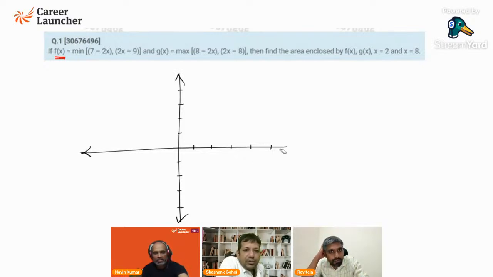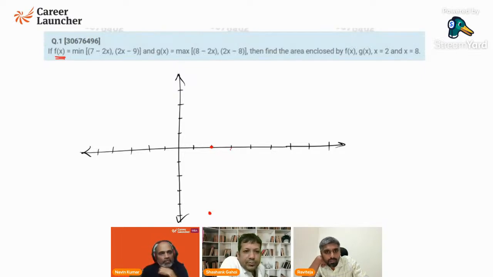Let's put x equal to 2. In the first one, 7 minus 2x में let's put x equal to 2, y equal to 3. सो मिनिमम है ना, तो x इक्वल टू 2 पे वैल्यू आएगी 3 और -5, तो -5 आएगी. x इक्वल टू 2 पे y -5 होगा. x इक्वल टू 3 पे कितना होगा? 1 and -3.